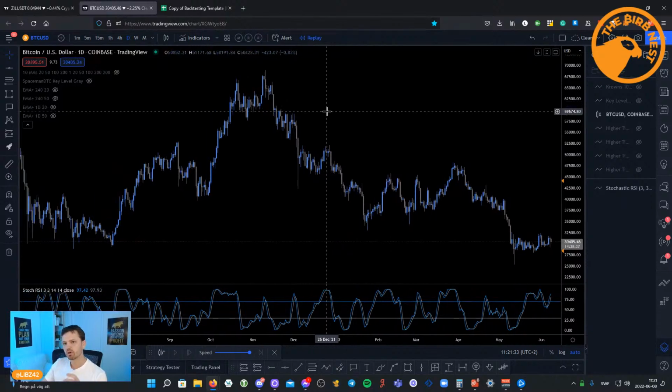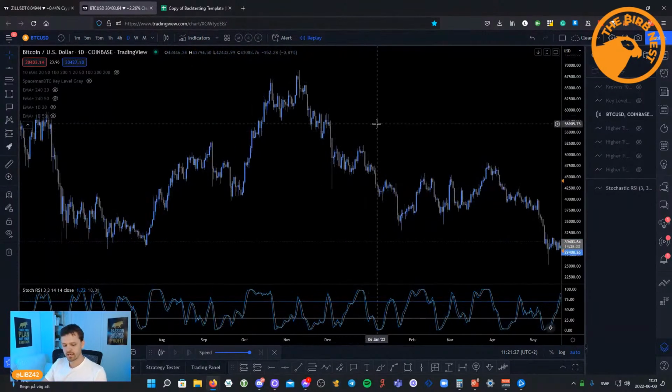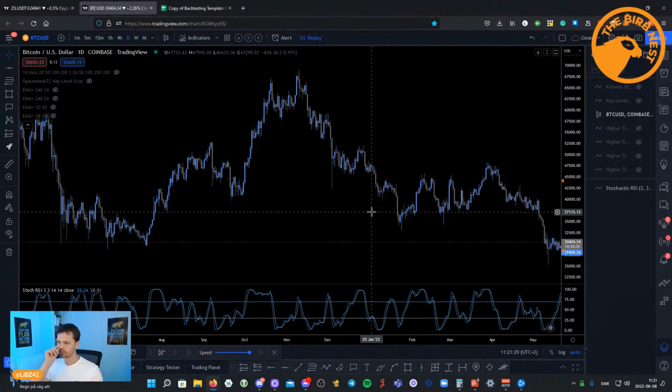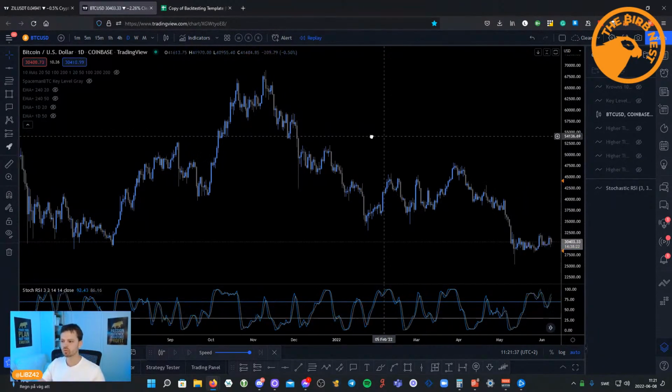So if we had market structure in place here, we would say that whenever there's a clear high time frame downtrend, we're only going to be looking for shorts, right? So we're going to be using the same system, but only looking for shorts.